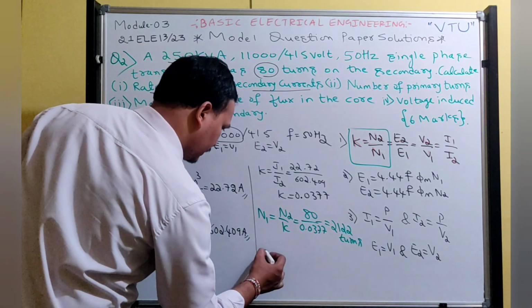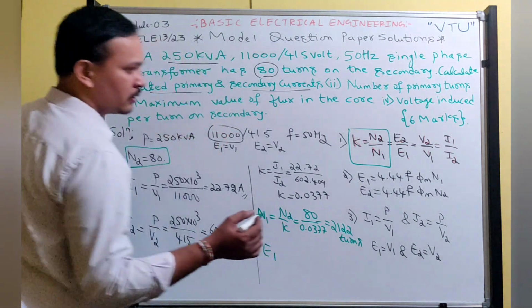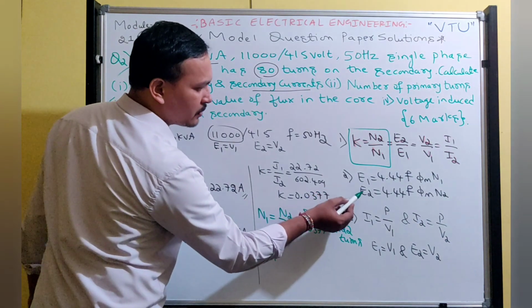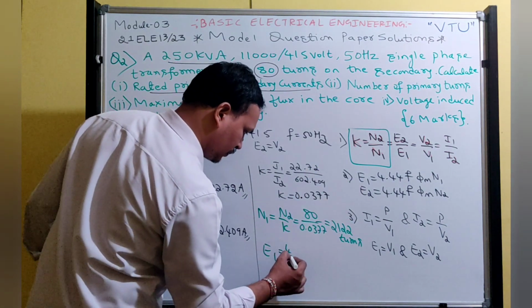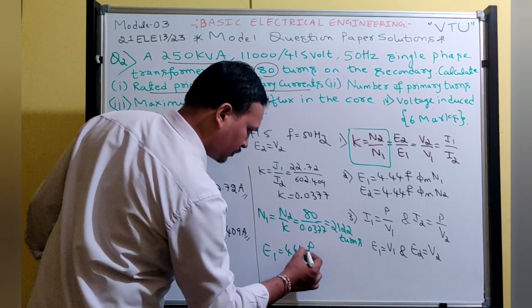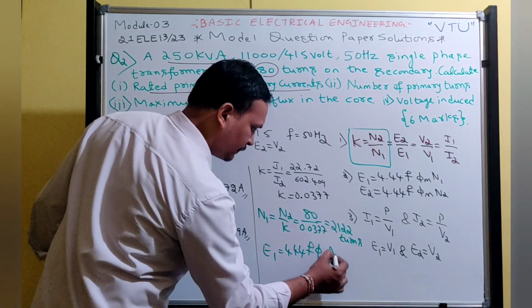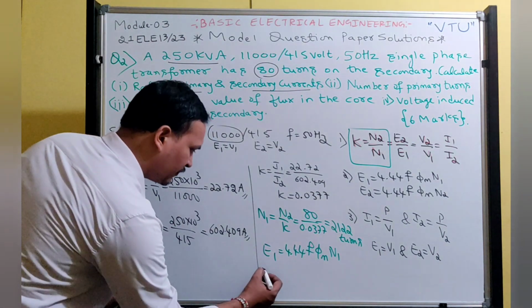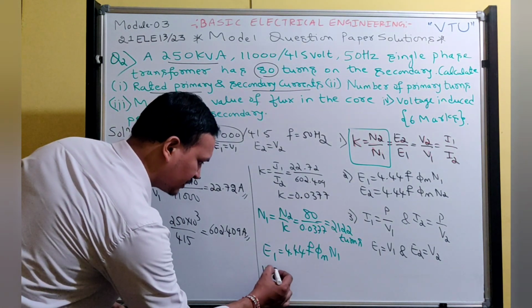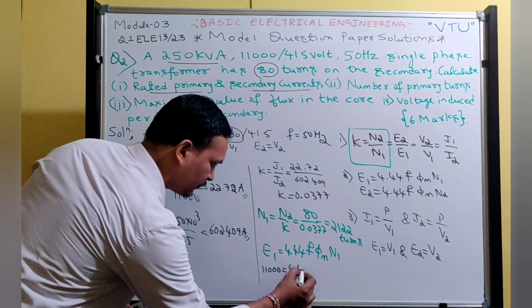Next is the maximum value of flux in the core. To determine the maximum value of flux in the core, you can take either this formula or that formula. I am going to take this one: E1 is equal to 4.44 f phi m N1. What is the value of the primary voltage? 11,000 volts into 4.44.